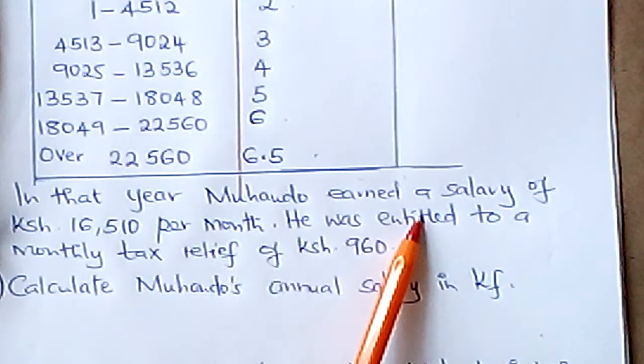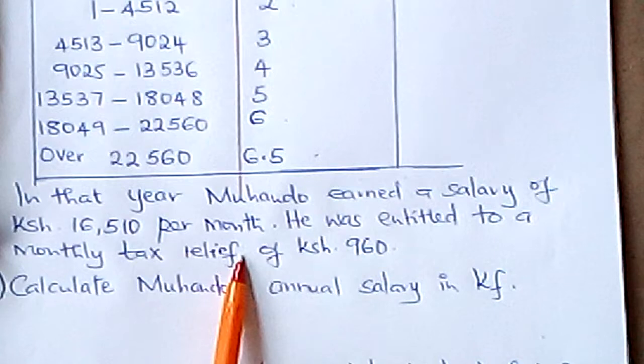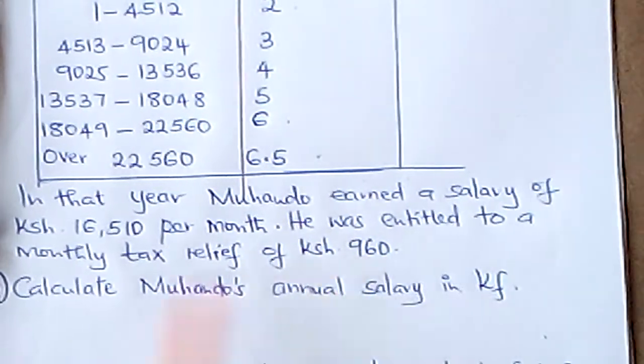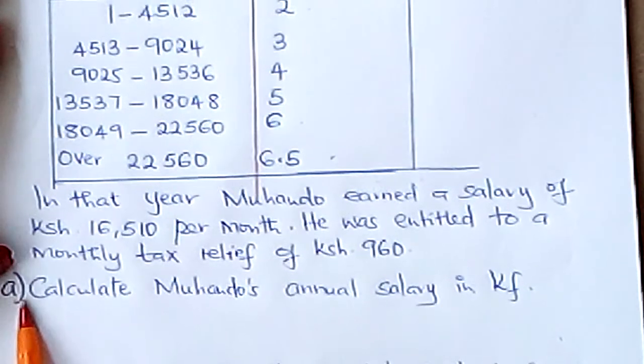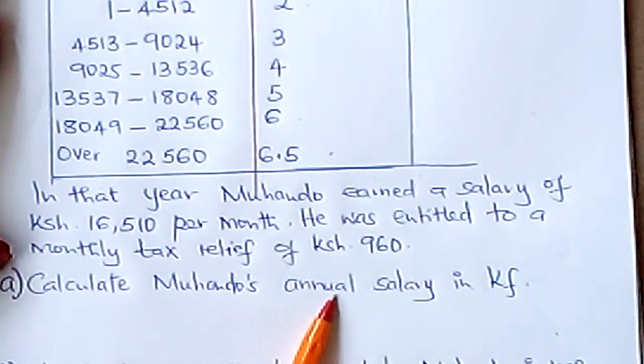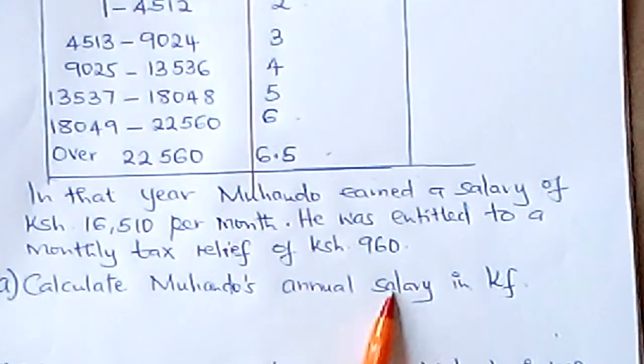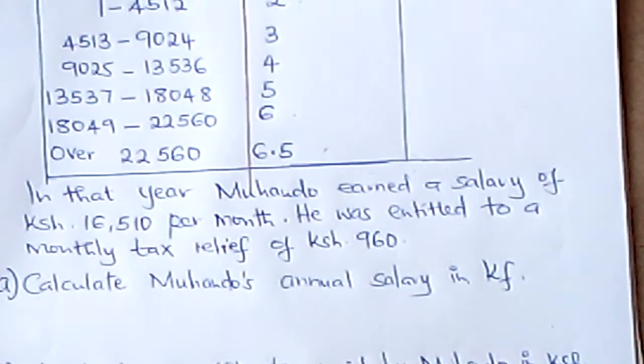He was entitled to a monthly tax relief of Kenya shillings 960. And therefore the question is: calculate Muhando's annual salary in Kenya pounds.